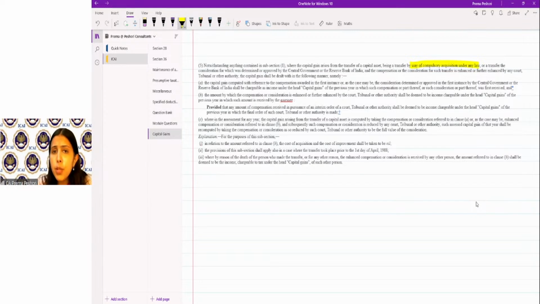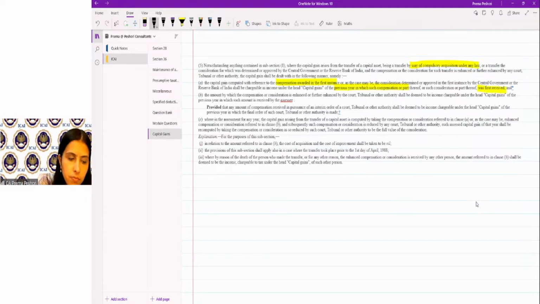Capital gain computed with reference to the compensation first awarded, or as the case may be, consideration determined or approved in the first instance by the central government and the RBI, shall be chargeable under the head capital gains of the previous year in which compensation was first received.